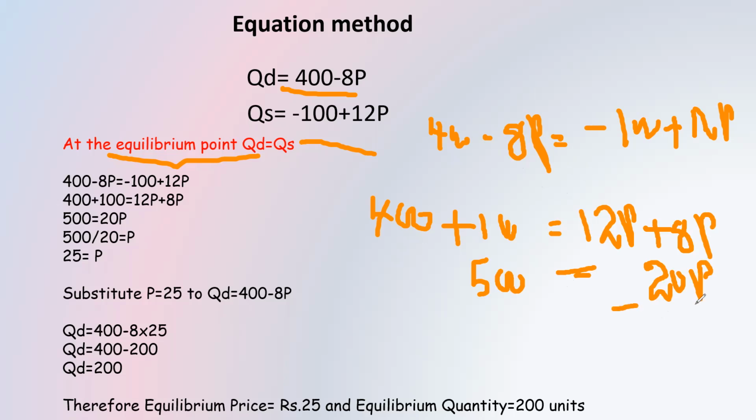If you want the value for P, you have to divide both sides by 20.